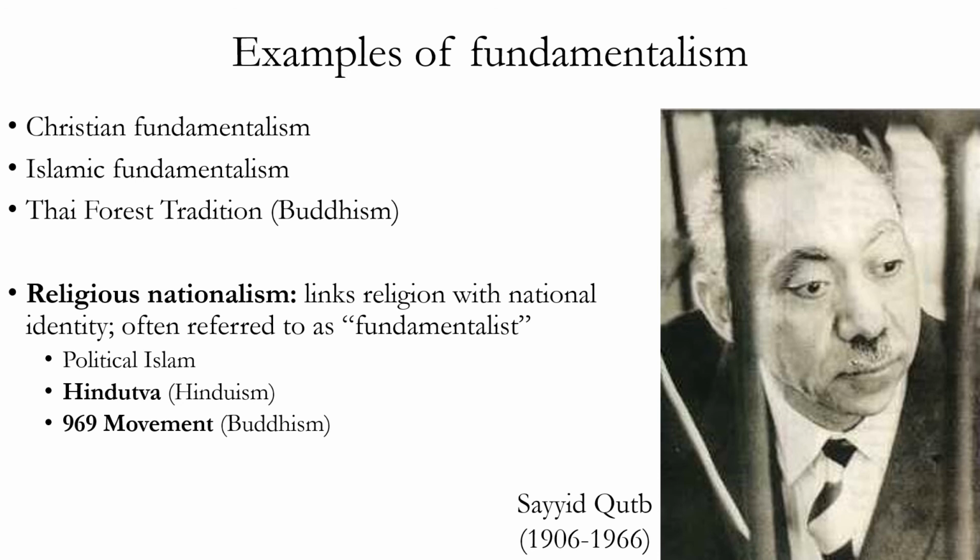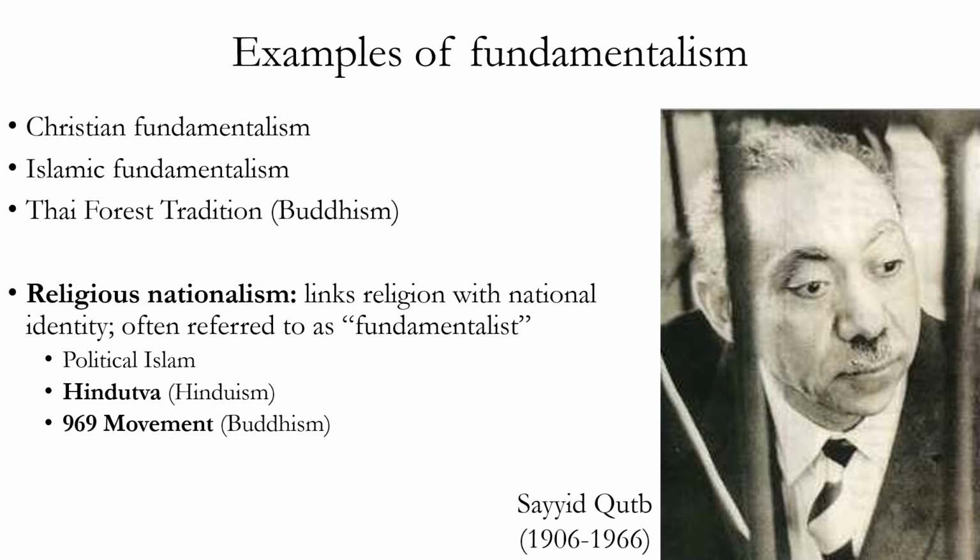There are other examples of this in Asia, such as the Hindutva movement in modern India, which regards Hinduism as a part of Indian national identity. This is often called Hindu nationalism, but it's also called Hindu fundamentalism or fundamentalist Hinduism.